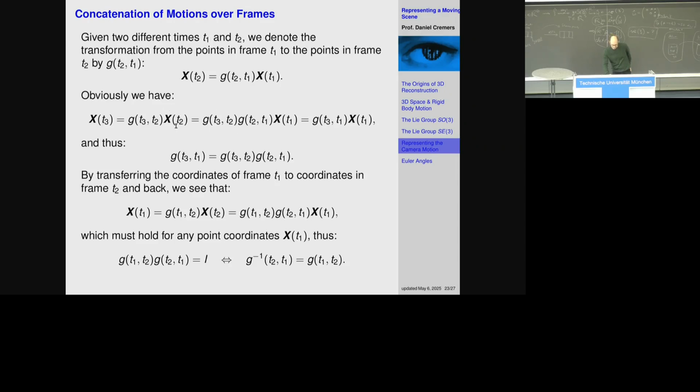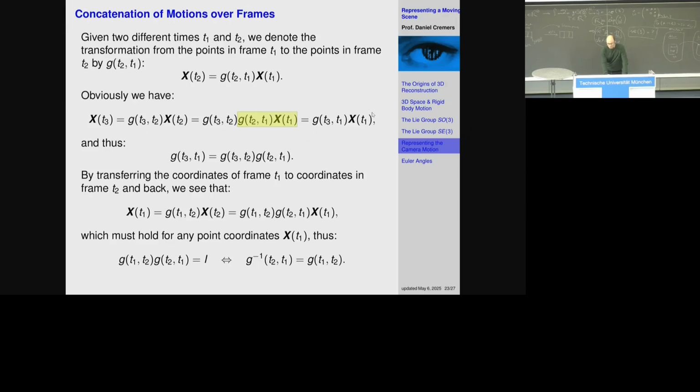And x of t2 as a function of the coordinates at time t1 is exactly g t2 t1 times x of t1, right? But then I can also say in the image 3, there is a rigid body motion between the first and the third camera, that is g t3 t1 times x of t1.